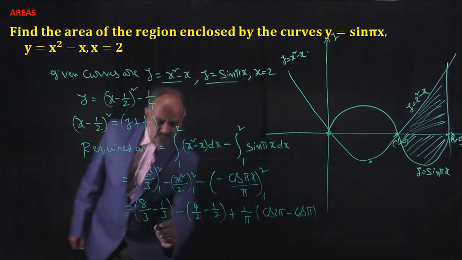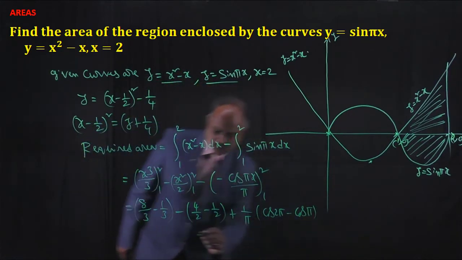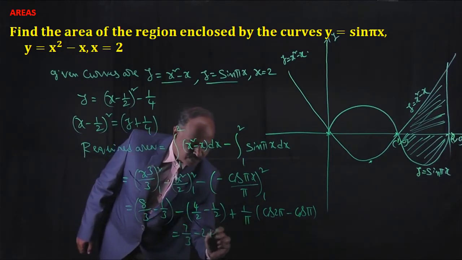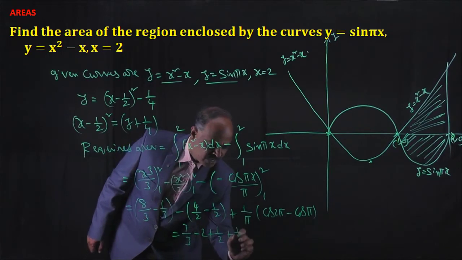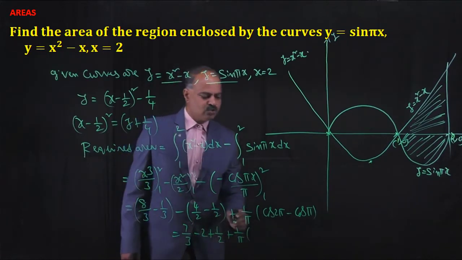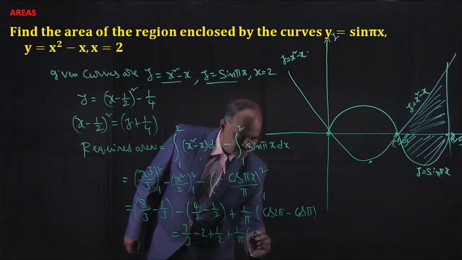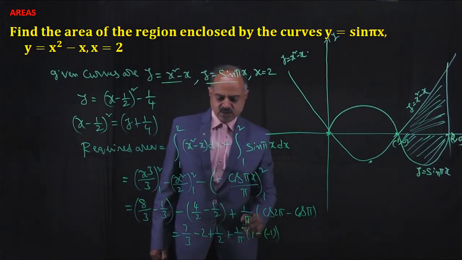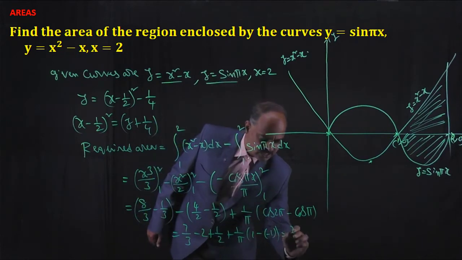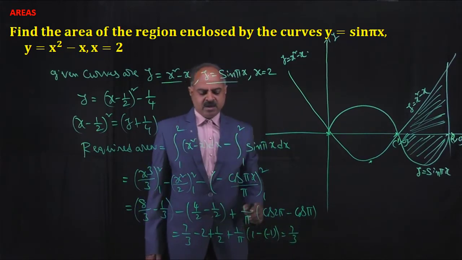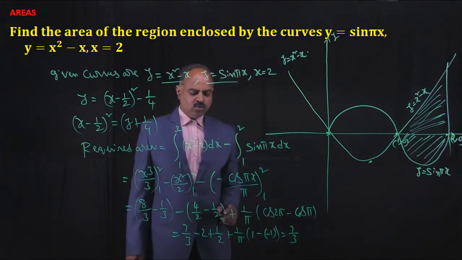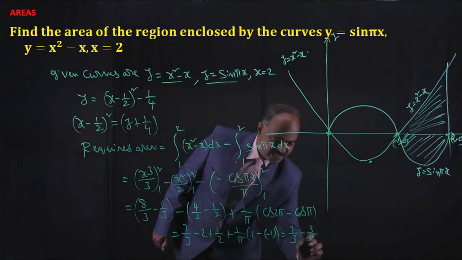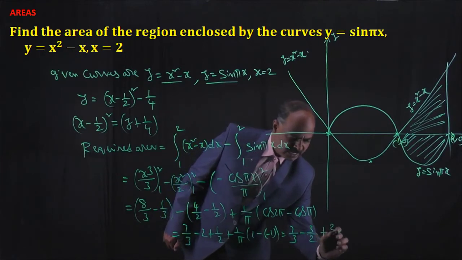Now here that is equal to 7 by 3 minus 2 plus 1 by 2 plus 1 by pi into cos 2 pi equal to 1, minus of cos pi is minus 1. Now here that is equal to 7 by 3 minus 2 plus 1 by 2, that is equal to minus 3 by 2 plus here 2 by pi.